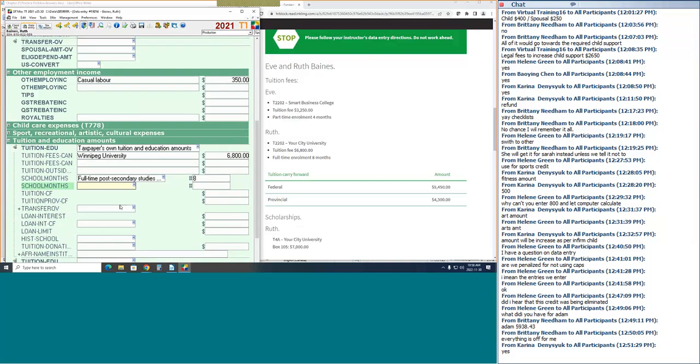Okay. When I choose full-time 8 months, it's already going to limit a number of other things. So for example, if Ruth had earned enough money to qualify for the Canada Workers Benefit, it would have given her the Canada Workers Benefit until I did this. And as soon as I did this, I have told the computer she was in school full-time for 8 months, so she is no longer eligible for the Canada Workers Benefit.